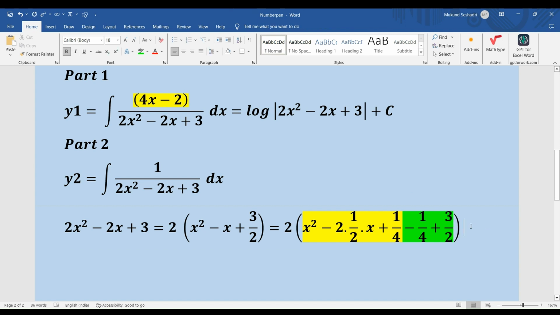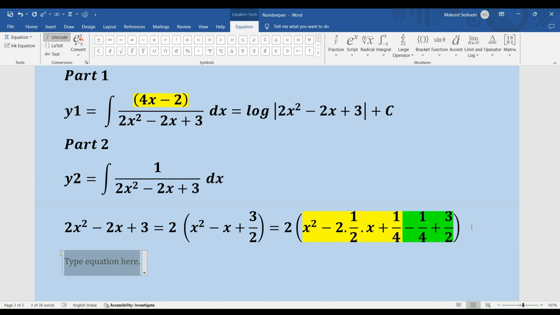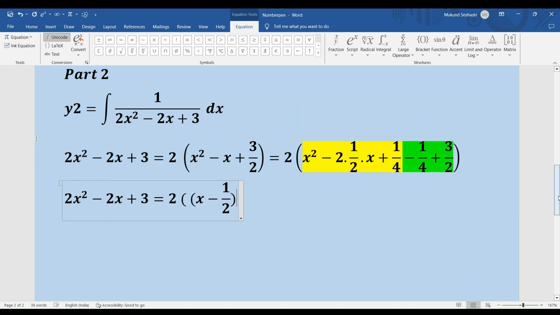So I go to the next step. I rewrite this in the manner x plus or minus a the whole square plus or minus b square. My 2 remains as it is, and the yellow portion inside the bracket is nothing but an x minus 1 by 2 the whole square.